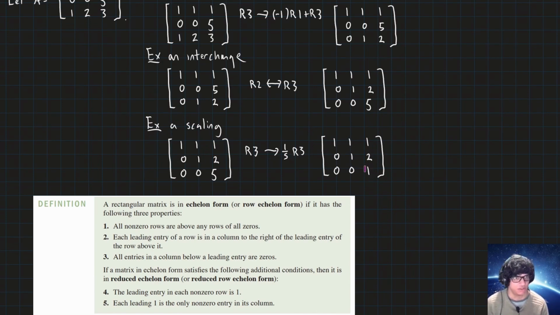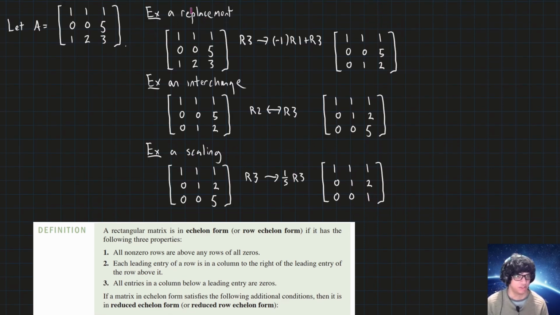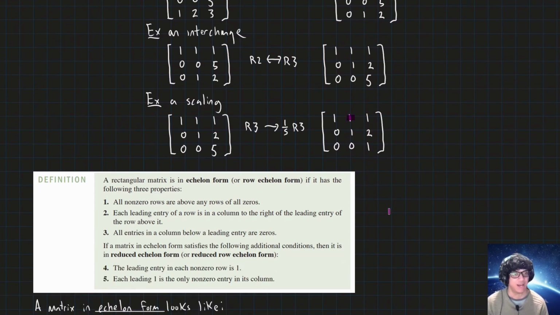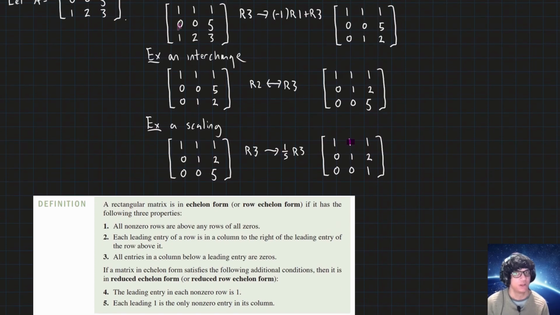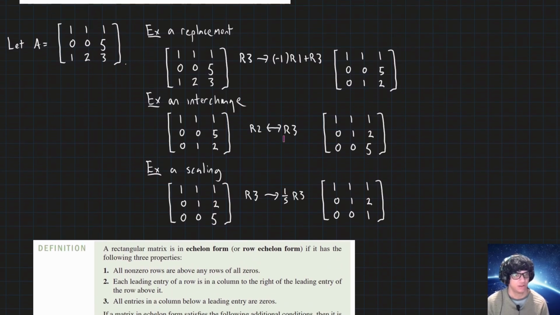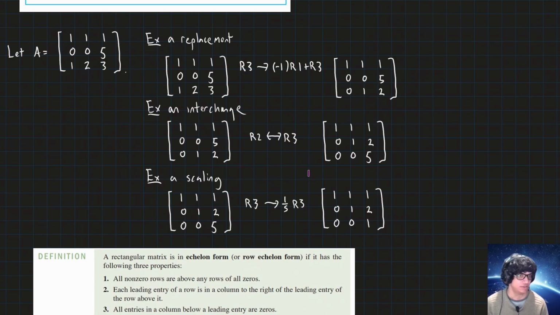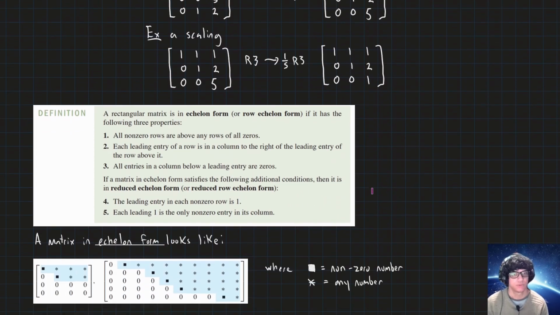We have to turn this leading term into a 1, and then we would do a few additional replacements, where we use this third row to make this and this 0, and then we use the second row to make this 0. And then that would be the reduced row echelon form of A. The reduced row echelon form of A is the identity matrix.